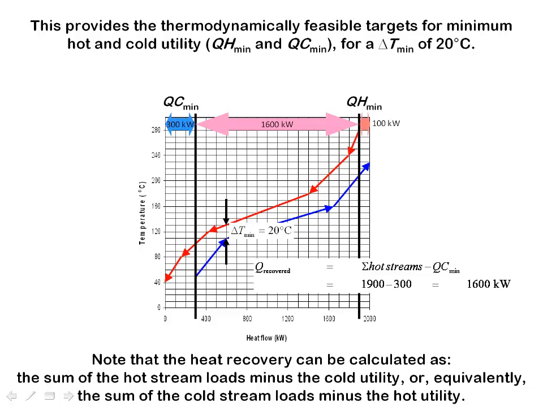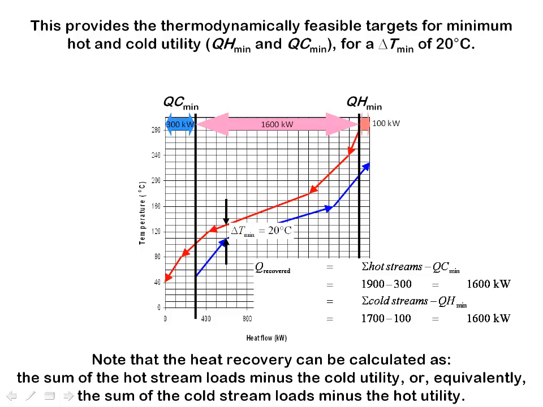So 1900 minus 300 is 1600 kilowatts, which is indeed the overlap that's shown on our graph, 1600 kilowatts. So that's correct. Or alternatively, the sum of the cold streams, we remember that, was 1700 altogether, minus the hot utility, which is 100. 1700 minus 100 is also 1600 kilowatts. So we can calculate the heat recovery easily using either of these calculations, and preferably using both.